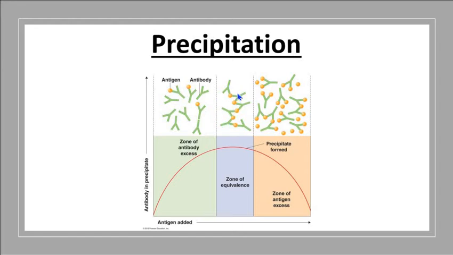They form these large complexes called a precipitate, which is pretty much like a solid almost. And because they are clumping into these large structures, they actually will settle to the bottom of the fluid they're in, and they will be unable to function.